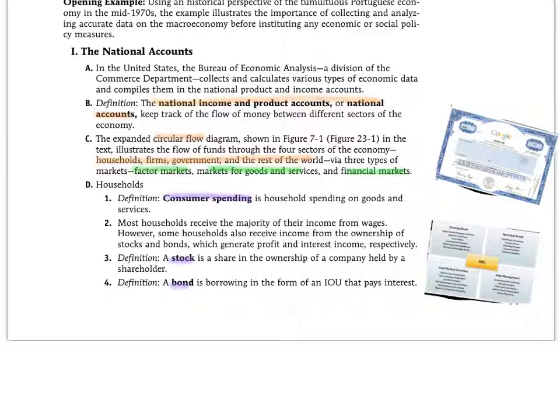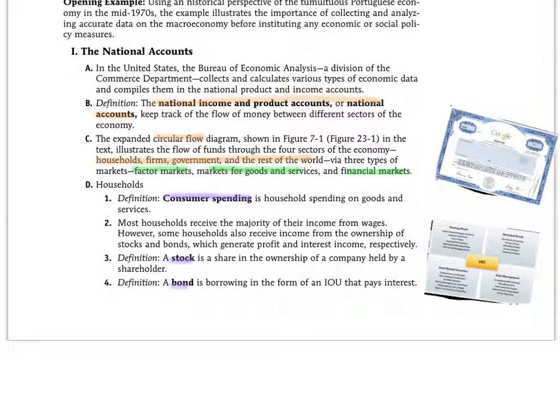Well, the household section is going to fall under the C, the consumer spending in the GDP, and that's goods and services that we purchase in a given year. And obviously the money that we use to spend on those goods and services comes typically from wages, although you will find income from stocks, bonds, anything else that generates profit.